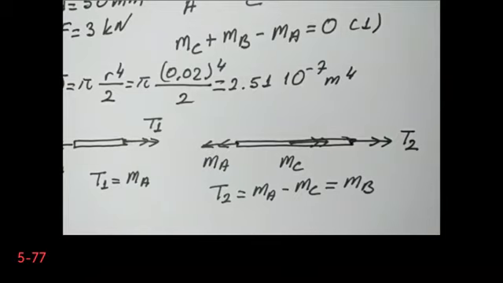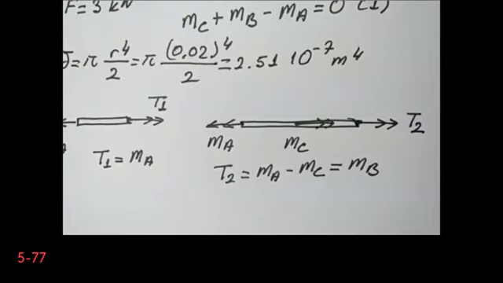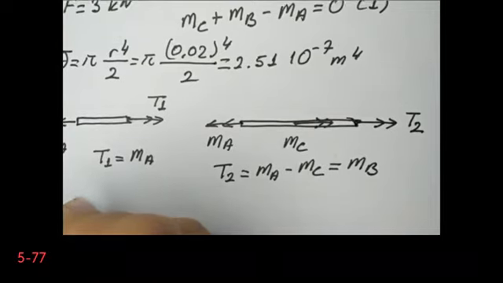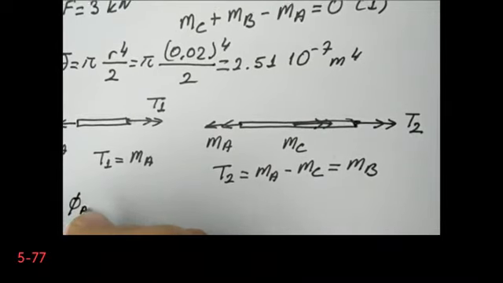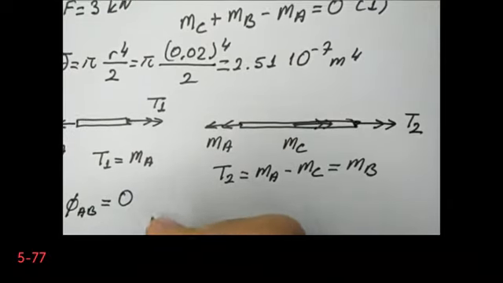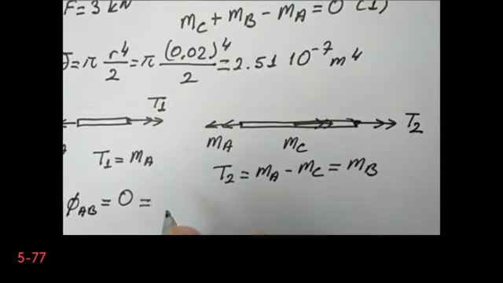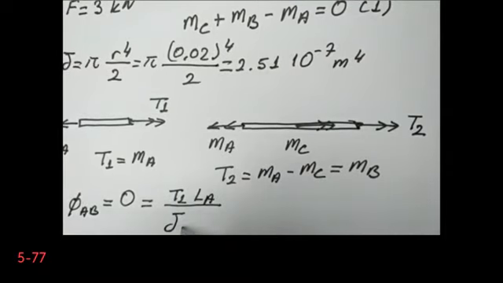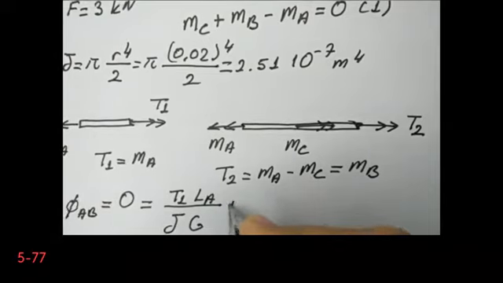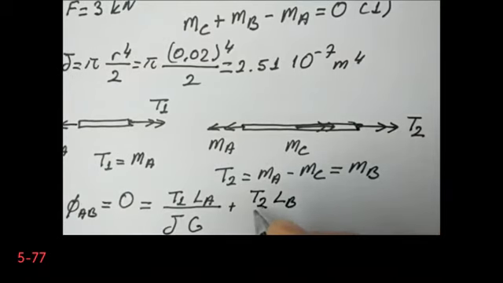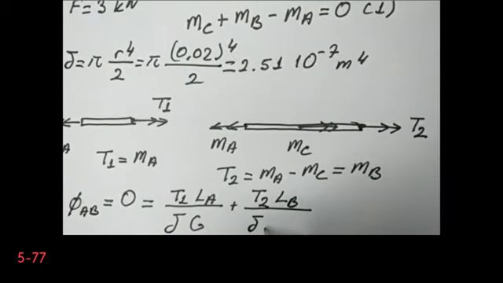So I will write the angle of twist of B with respect to A, and I know that relative twist is 0, and this is equal to T1 LA divided by J multiplied by G plus T2 multiplied by LB divided by J multiplied by G.